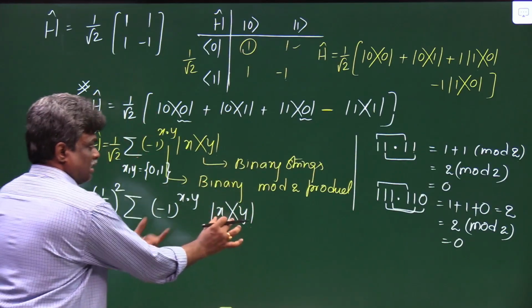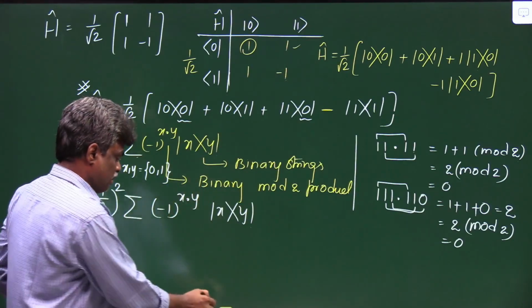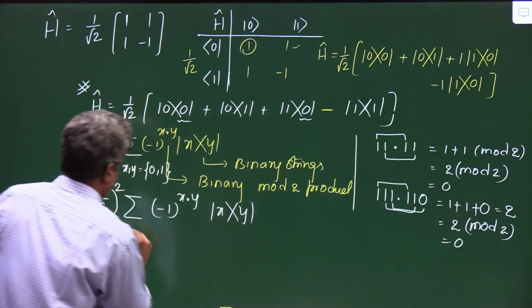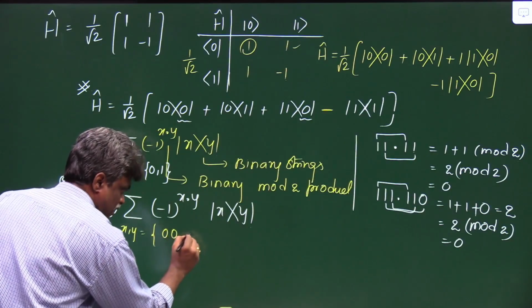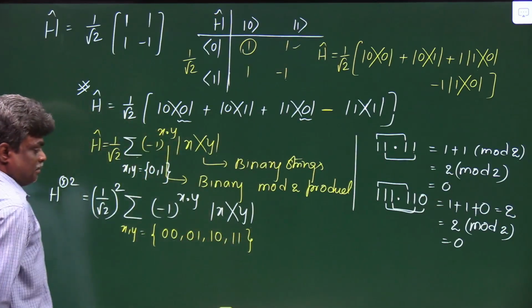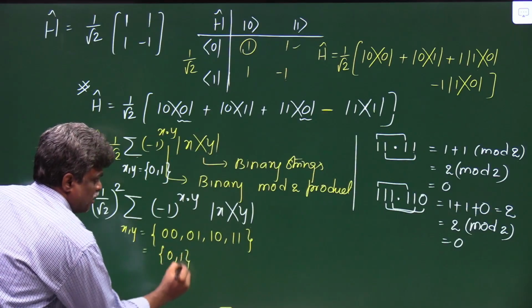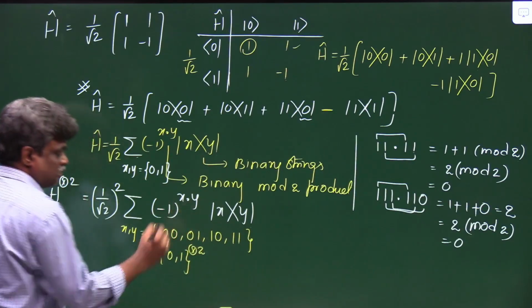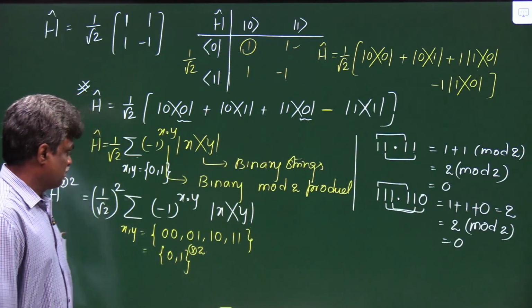But this time x and y are binary strings, 2 qubit binary strings. So that means x comma y equal to 00 or 01 or 10 or 11. Sometimes we can write like this also, 0 comma 1 to the power 2, that indicates 2 qubit binary strings.